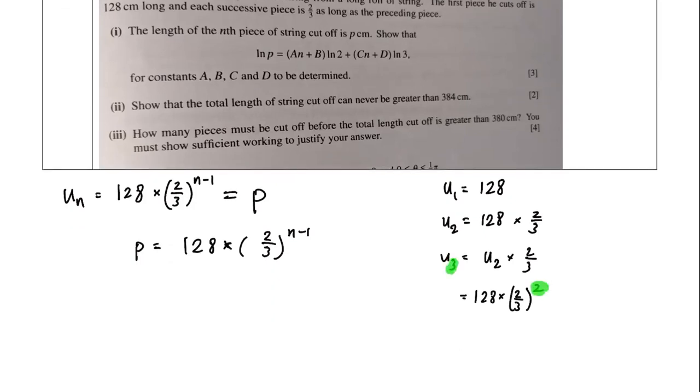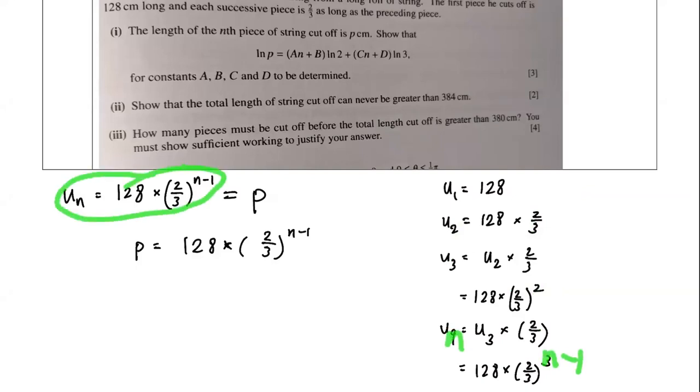If it's the 3rd piece, power 2, you have to minus 1. If it's the 2nd, it's power 1, so you have to minus 1. Then how about u4? It's the preceding piece length, which is u3, multiplied by 2/3, which will be 128 times 2/3 to the power 3. So in general, if it's the nth term, it will be n minus 1 power. That's how I got here.